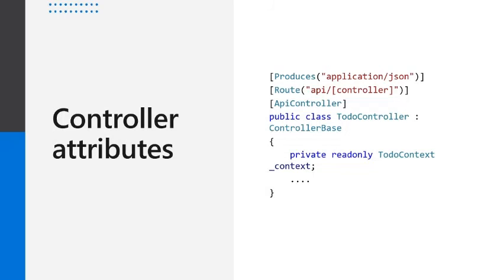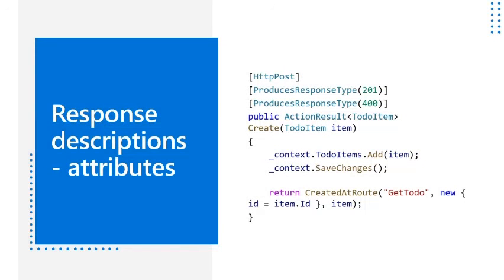Add the Produces application/json attribute to the API controller. Its purpose is to declare that the controller's actions support a response content type of application/json, and then your Swagger knows that your API returns application/json.